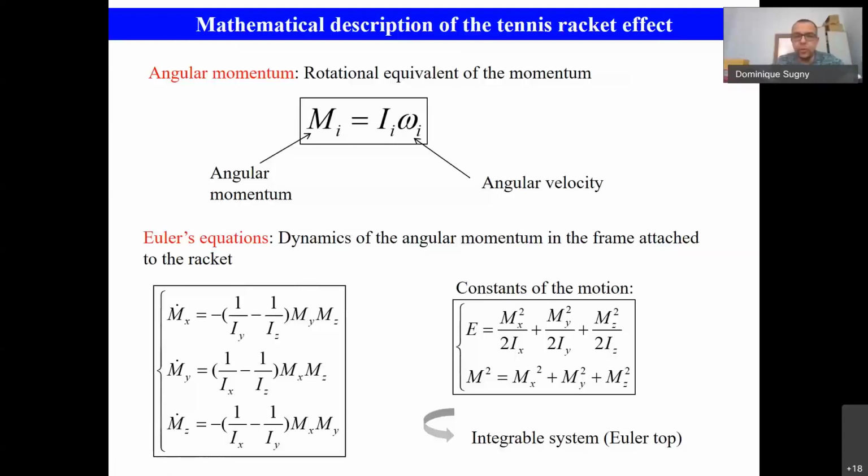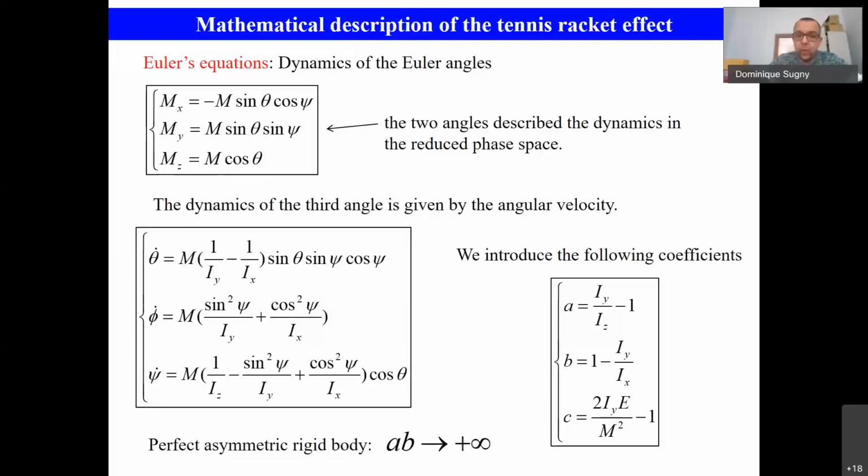Okay, so here is the system of equations describing the dynamics of the angular momentum, but we can also find the dynamics of the Euler angles. Basically the first step is to express the coordinates of the angular momentum as a function of the Euler angles, so it works for theta and psi.